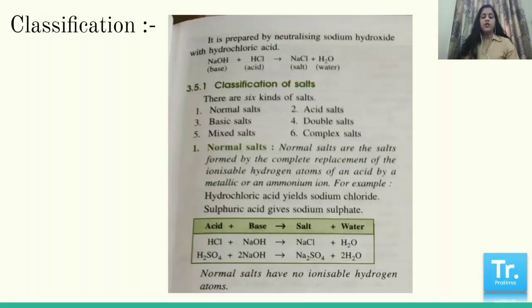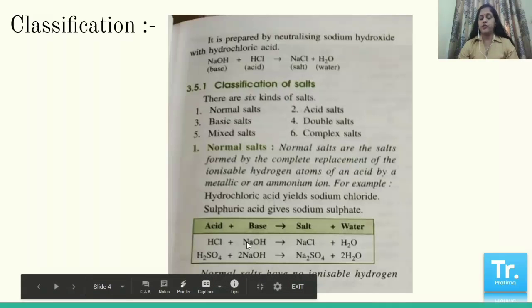So coming back to the normal salts, the first one, normal salt, it's nothing but the salt which is formed by the complete replacement of the ionizable hydrogen atom of an acid by the metallic or the ammonium ion, which we discussed just now in the previous slide. For example, when HCl and NaOH react, H plus and OH minus give you water and NaCl.